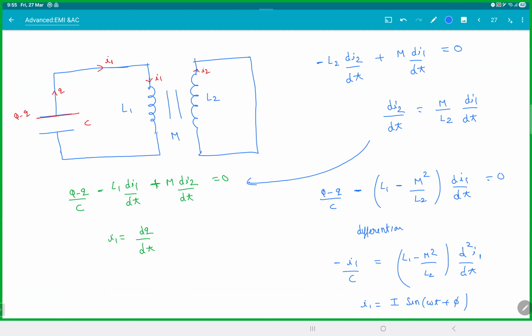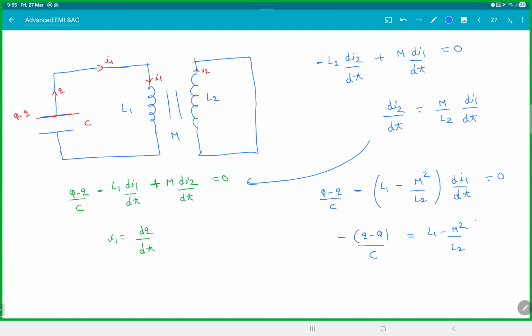You can get it from charge. Actually, without differentiation it is better. You can write (Q minus q)/C is equal to (L1 minus M squared by L2) d squared q/dt squared. That would be better. q is equal to q naught sin(omega t plus phi). At t equals 0, the charge flowing is 0, and from there you can solve.